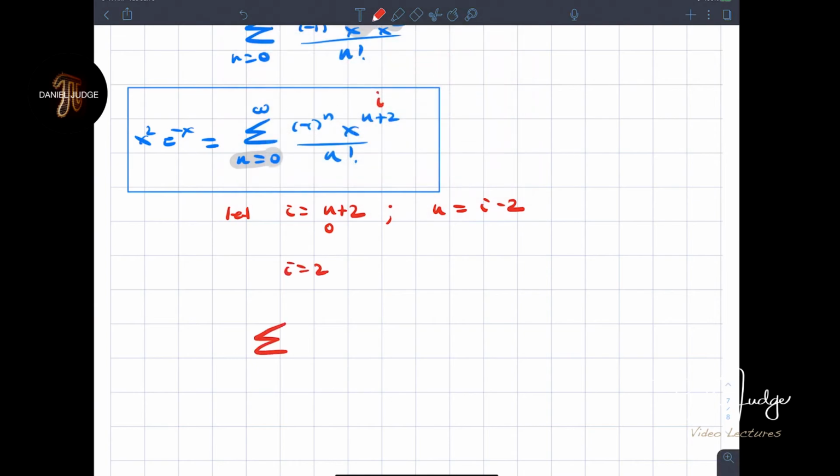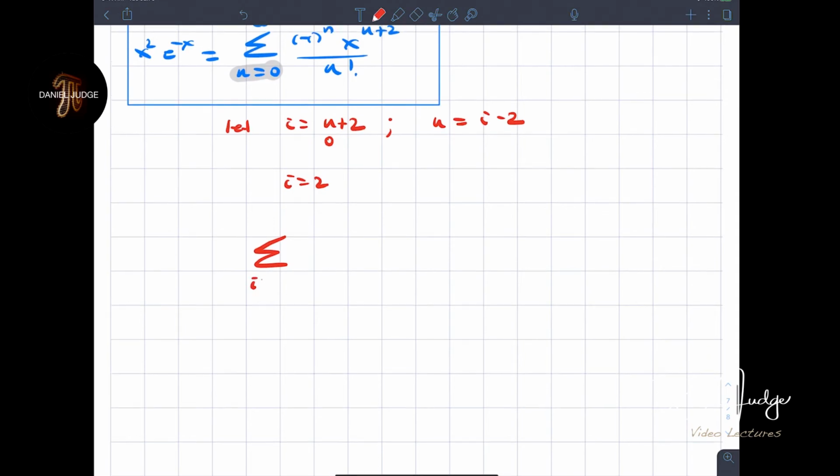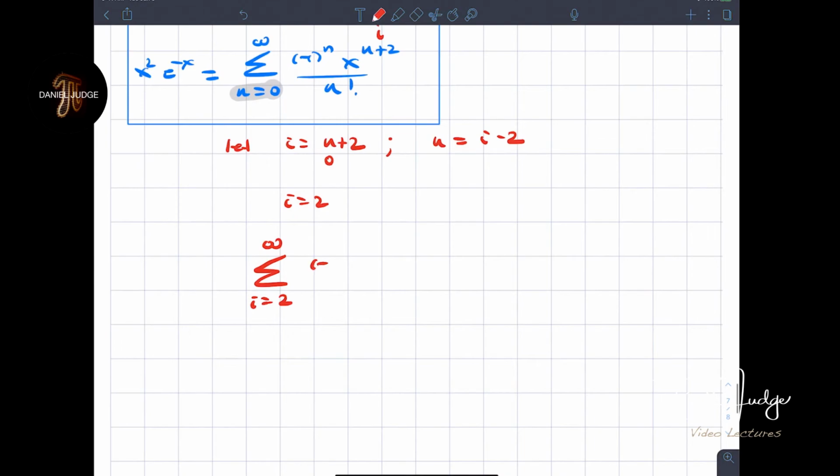So we're going to start the series here for i being 2 to infinity. And the n power right here becomes i minus 2. And x to the n plus 2, we let that be i. And then down here, instead of an n factorial, you're going to have i minus 2 factorial, because that's what n is.